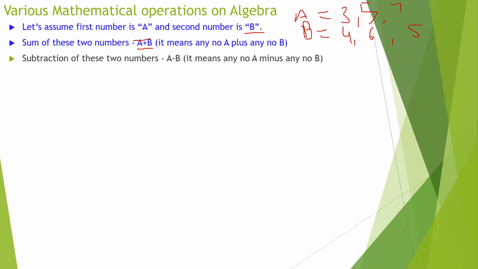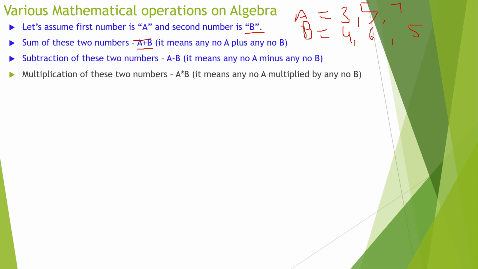Now our next operation is multiplication, after we have seen addition and subtraction. How can we denote it? A multiplied by B, A into B. And we can also write A B. A into B and AB are the same thing.